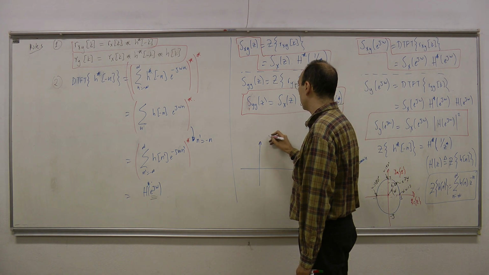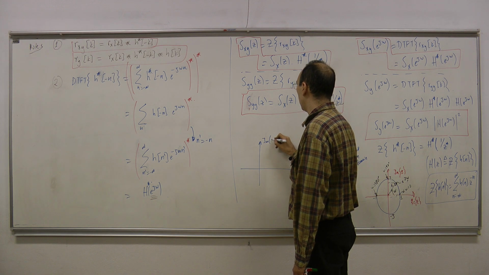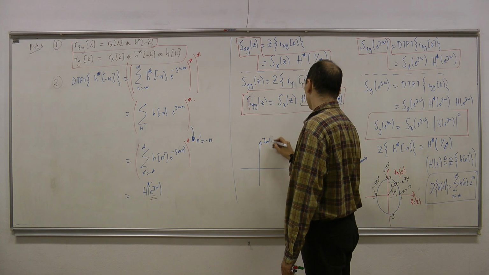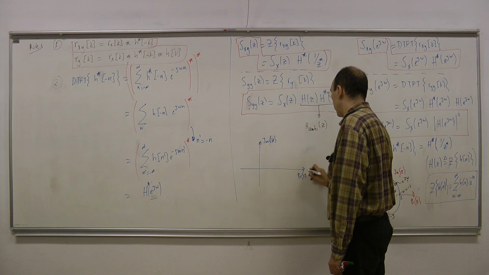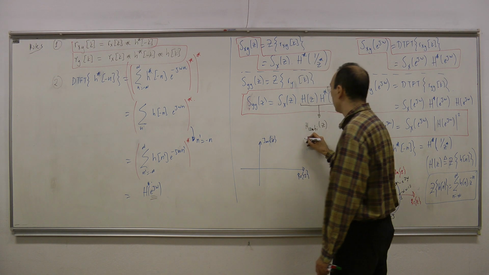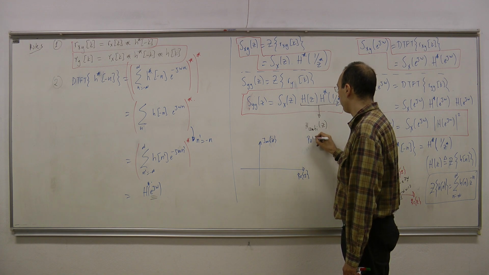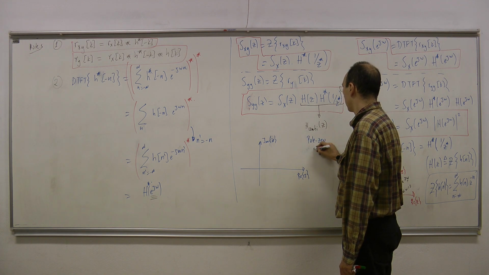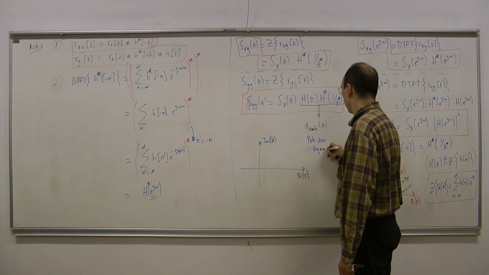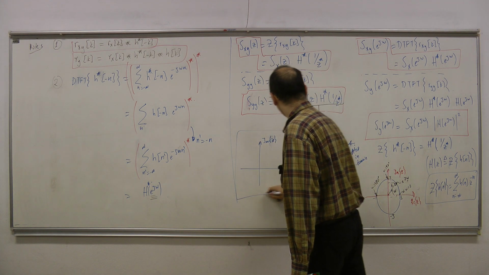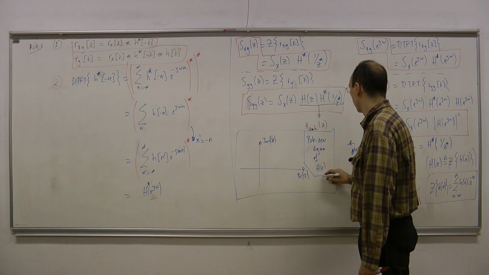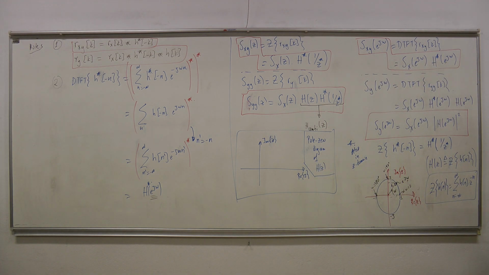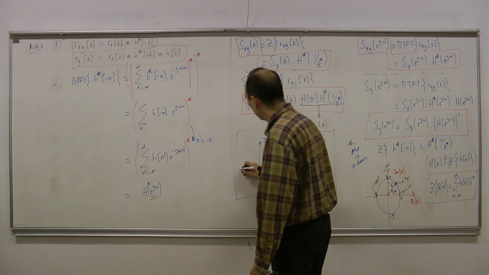So this is the imaginary part of z, this is the real part of z, and let me say pole zero diagram. Pole zero diagram of H of z.